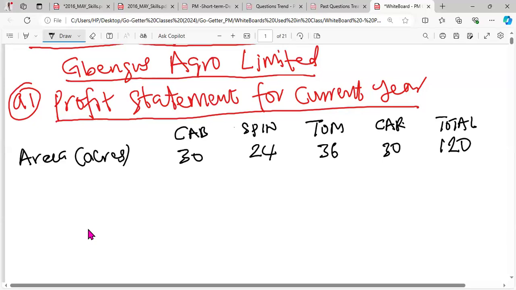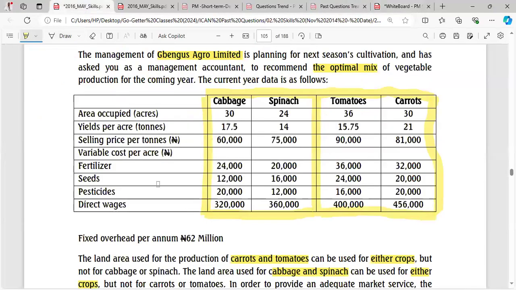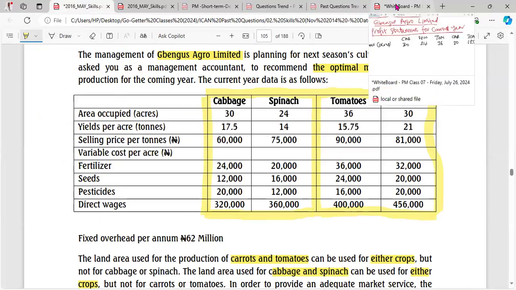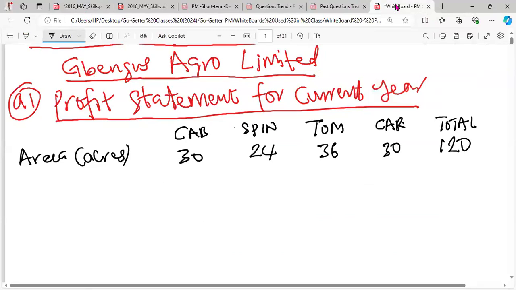The next thing here is, what is the yield per ton?